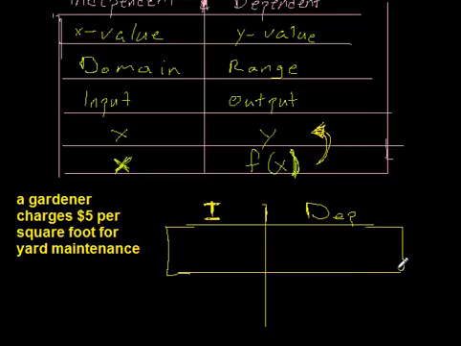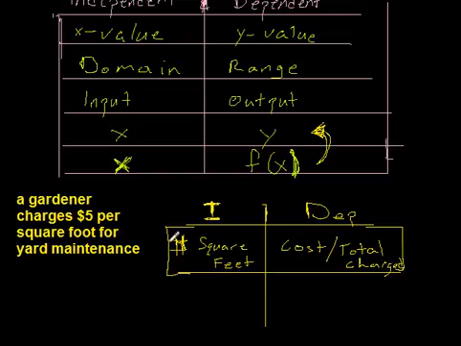However, my dependent variable is the cost or total charged. So the number of square feet for the independent variable, and cost or the total charged. Or total amount, doesn't really matter.